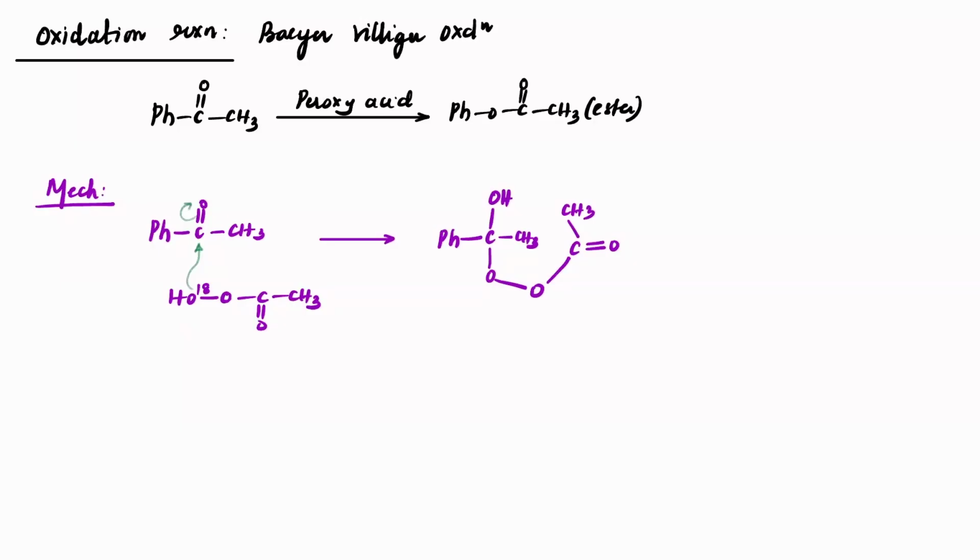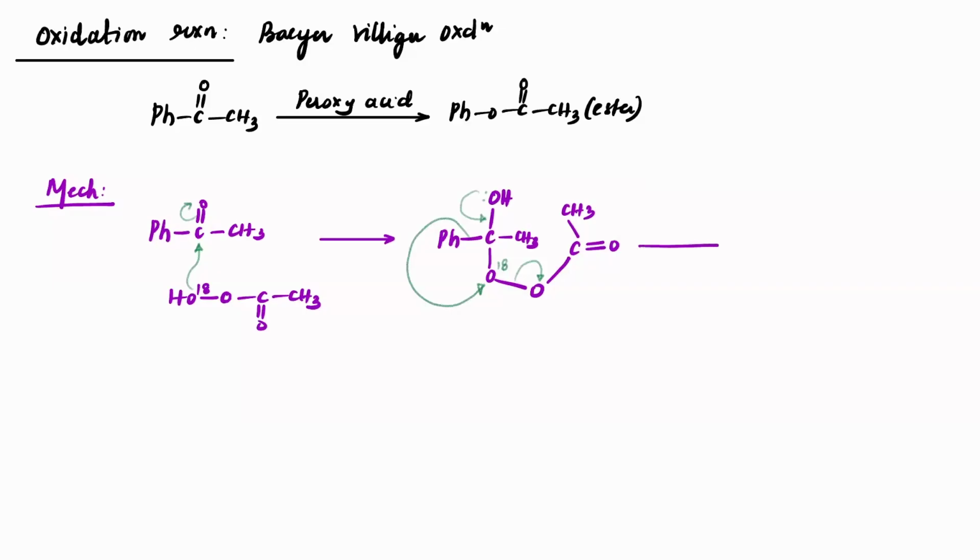Now, you know that the oxygen-oxygen bond is very weak. So this will try to break on this oxygen side here. As it does, the lone pair from here will push to make it into C double bond O. That's when, between methyl and phenyl, one of the groups will migrate to this oxygen, this same oxygen 18.